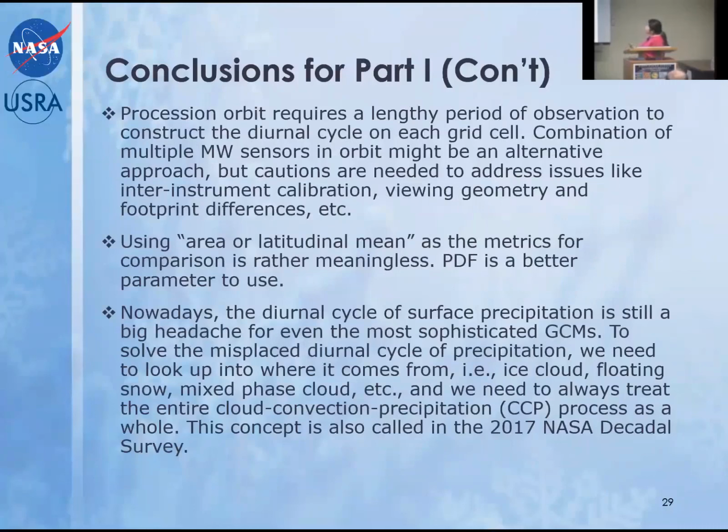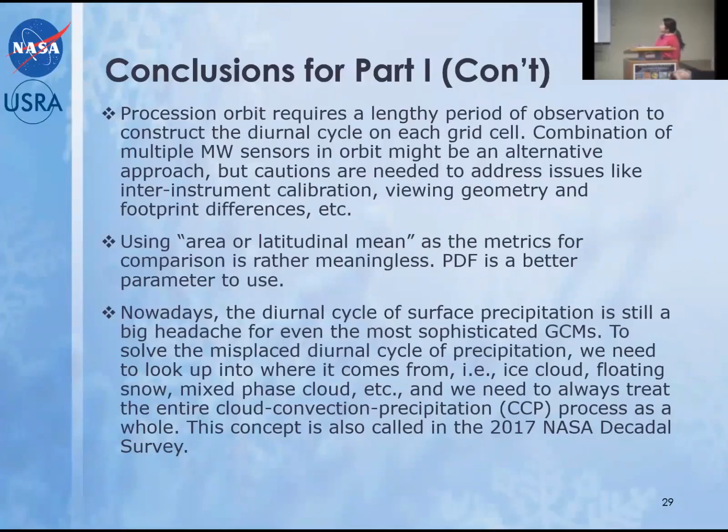We can combine multiple microwave sensors to mitigate this problem, but we need to take care of a lot of other complicated problems like inter-instrument calibration. The viewing geometry is different from sensor to sensor, and the footprint is different. As I showed before, the ATMS and GMI have different statistics, and that's partly due to the footprint difference.